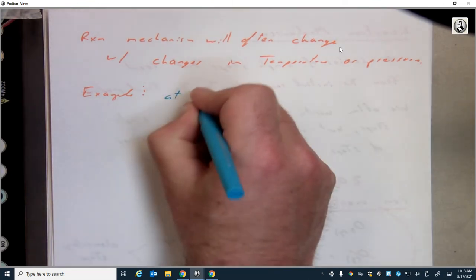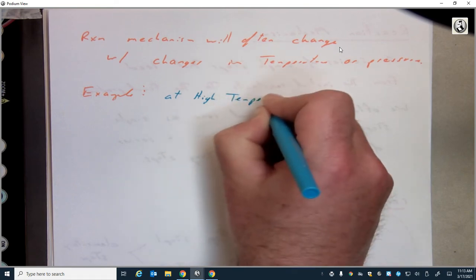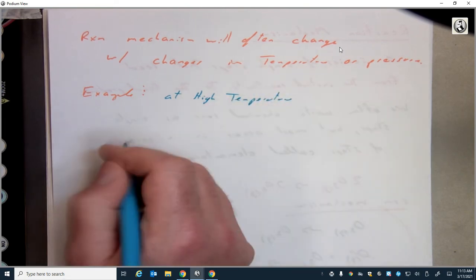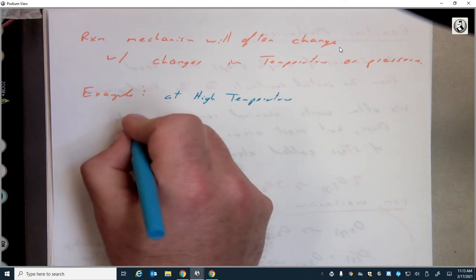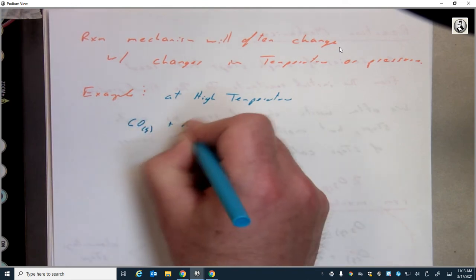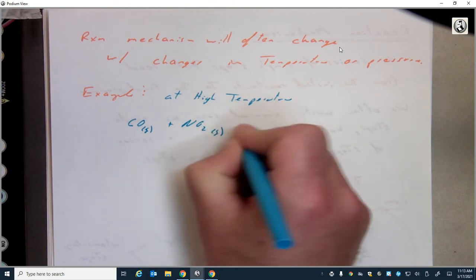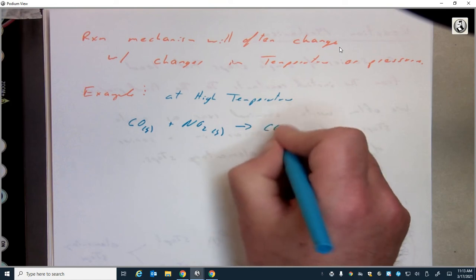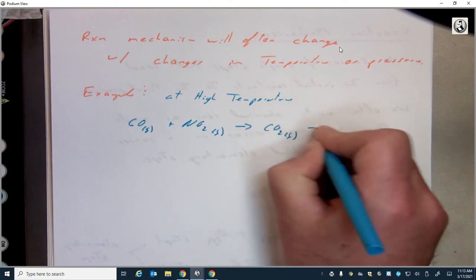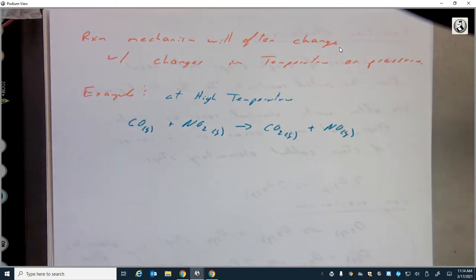If we're at a high temperature, carbon monoxide gas will react with our nitrogen dioxide gas and become CO2 gas and nitrogen monoxide gas. At high temperatures, this is a single step.